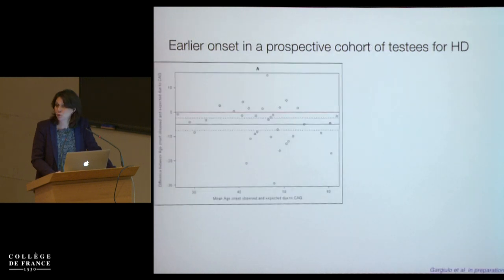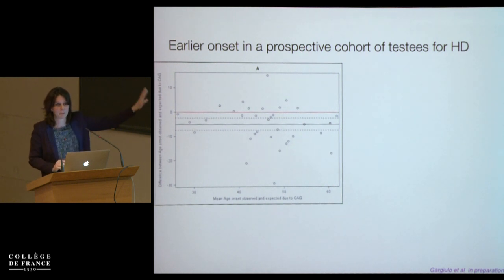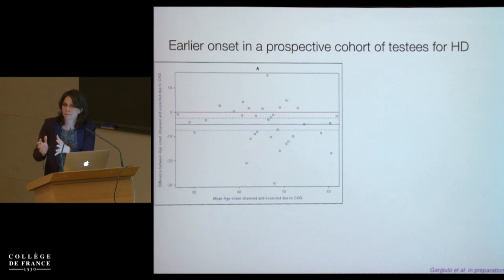And this is true, because you can calculate the theoretical age at onset with the formula taking into account the age and the CAG repeat, because you have a correlation curve. And what we did is we looked at people who did their test before 2008 and looked at whether they had started the disease already.